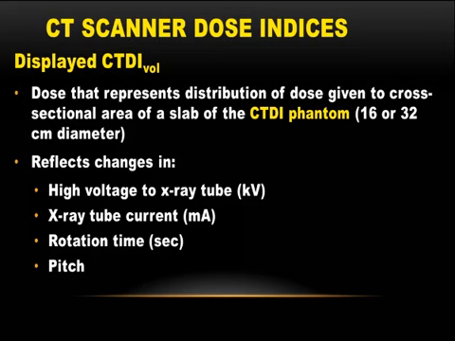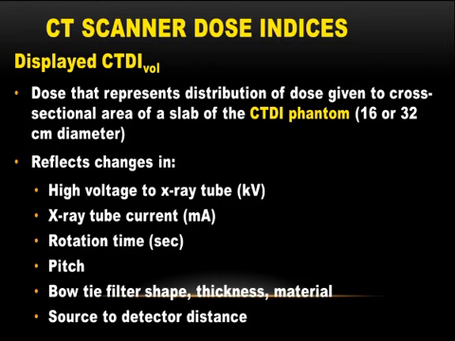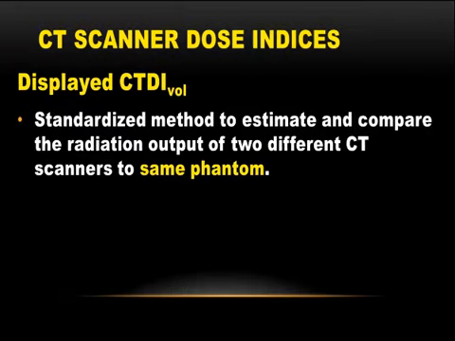It reflects changes in my radiographic parameters of my CT scanner, and in addition to that, the bow tie filter, and what's sometimes forgotten by some people, the distance from the detector of the scanner to the focal spot of the scanner, because the inverse square law is going to change the amount of radiation that reaches the patient in the center of the gantry.